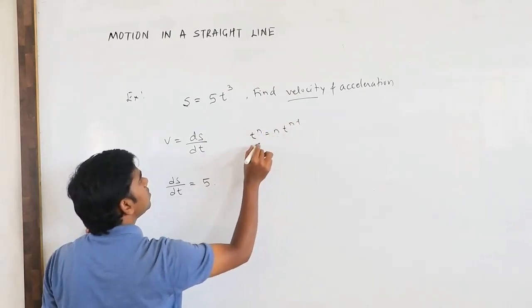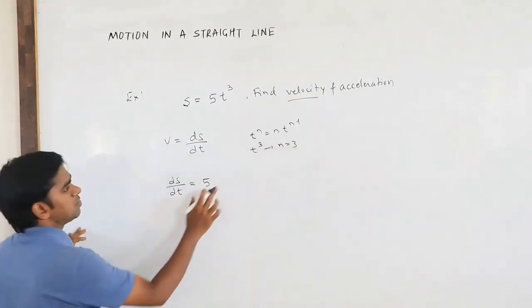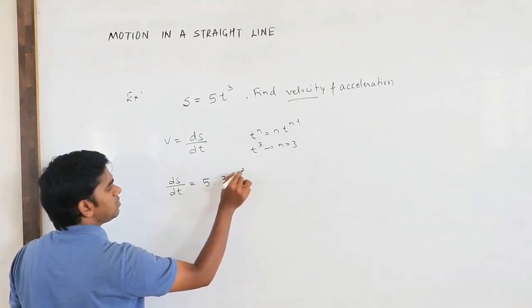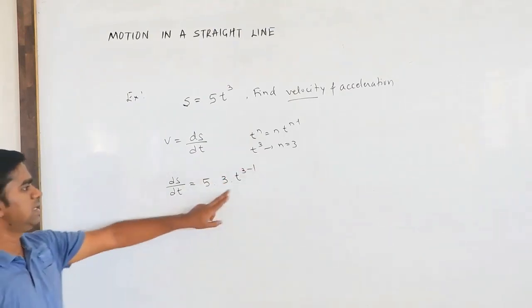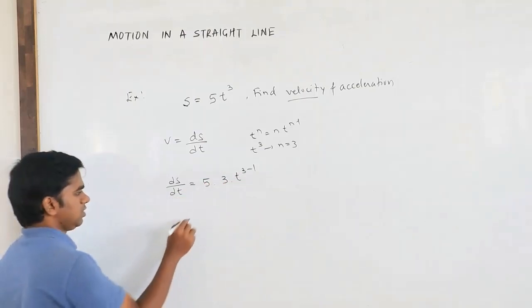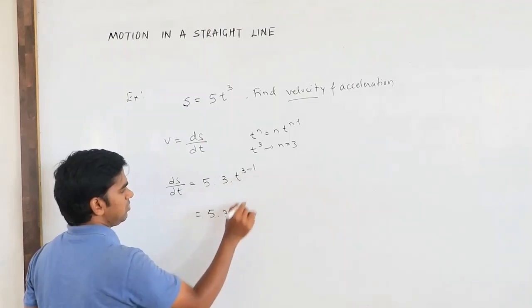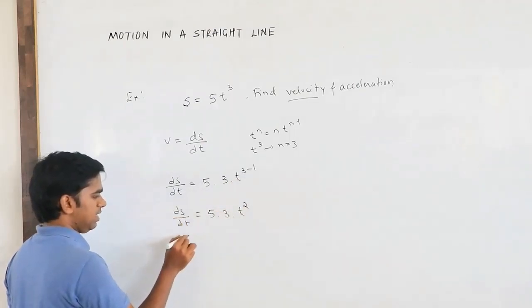Here t is raised to 3, so n equals 3. So 5 into 3 into t raised to 3 minus 1, and t raised to 3 minus 1 is t squared.